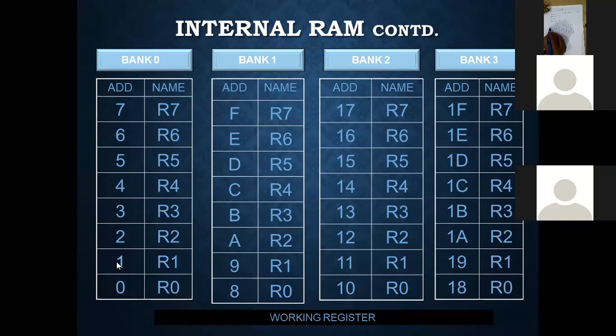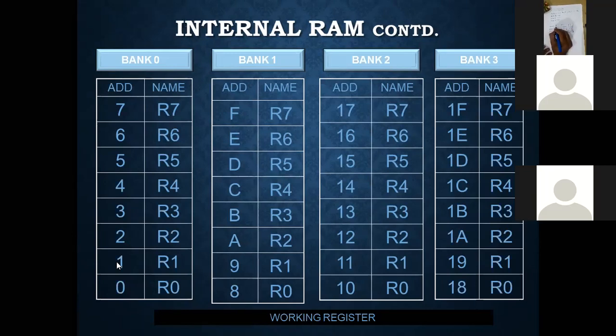So this is bank 0, this is bank 1, this is bank 2, and this is bank 3. Clear? So just like this, R0, R1, R2, R3, R4, R5, R6 and R7. Okay, every bank has these R0 to R7 registers.